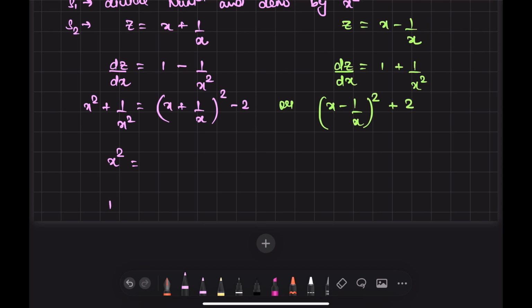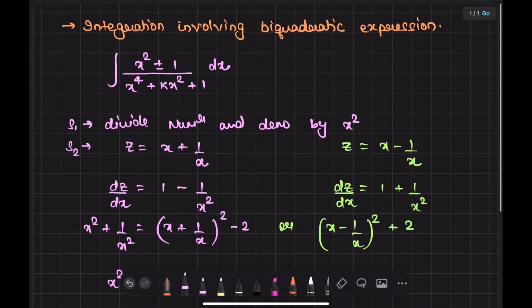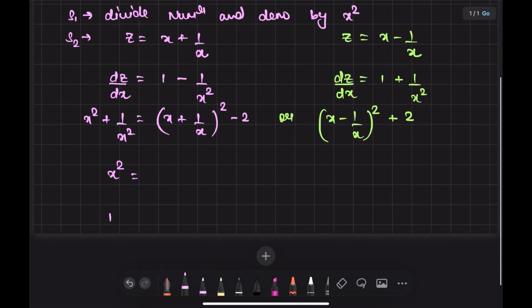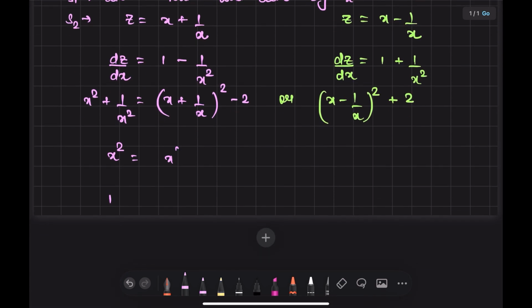You know that you have to create x square plus or minus 1, correct? So I will write x square plus 1 and then x square minus 1. This is valid for both of them, but here it is only x square and here I am writing two things, correct? So this is wrong.